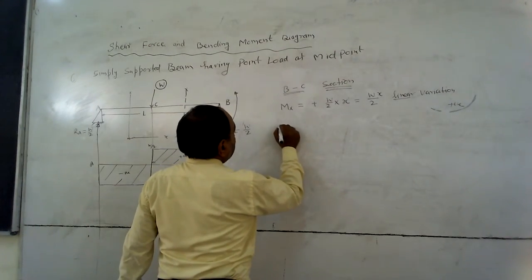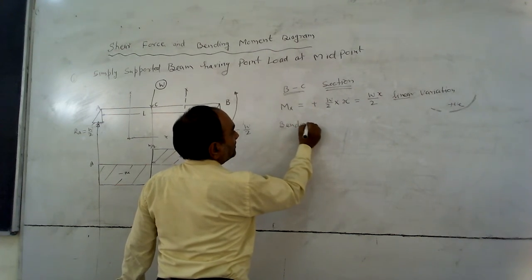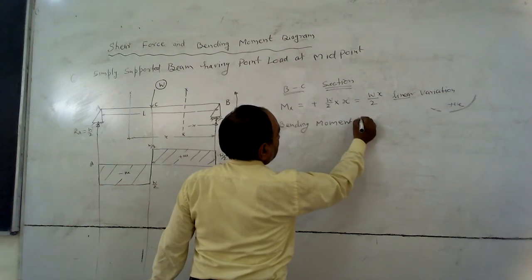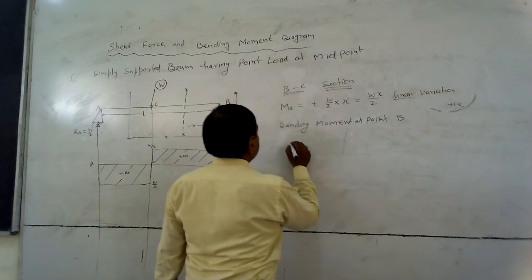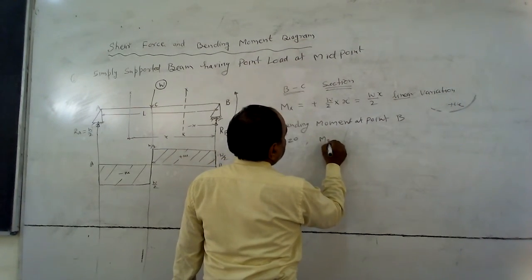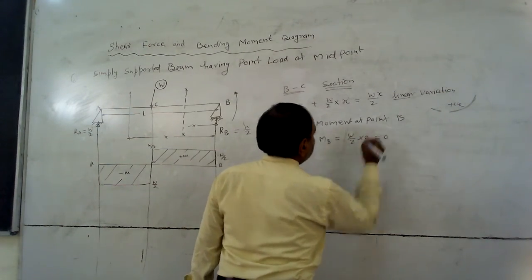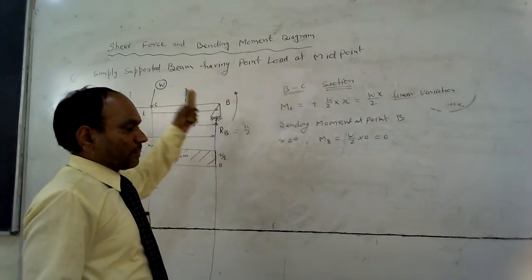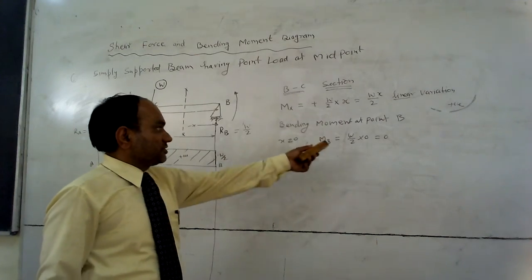Bending moment at point B, that is x equal to 0, equals W by 2 into 0, that is 0. So the bending moment at the support is 0 in case of a simply supported beam.